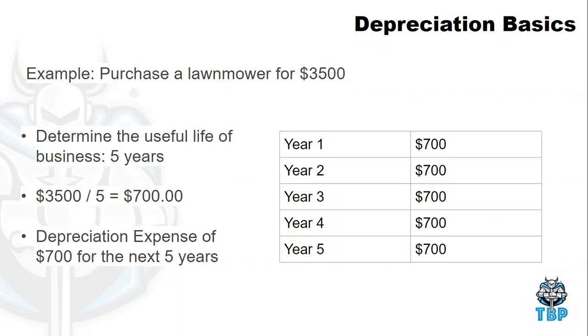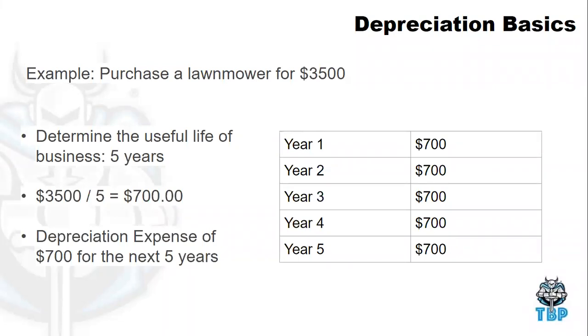So let's say you purchased that $3,500 lawnmower for your landscaping company. You would determine the useful life of that particular asset for that business. In this case, 5 years. And a very simple way of depreciating is what's called the straight line method of depreciation. And that's just simply taking that purchase price and dividing by the years.